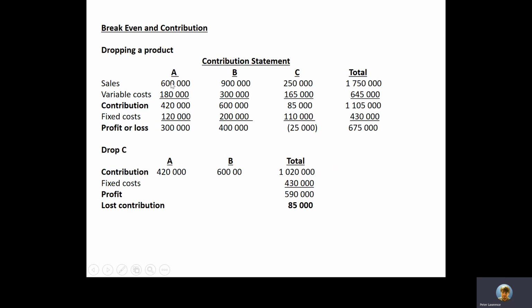So, for example, if A was a hat, B was gloves, and C was a scarf, and the scarf made you a loss, you might still need to make it, otherwise you might not be able to sell the hat and the gloves. So there are things to think about as well as profit. However, in this example, we can see that profit is higher even though we're making this loss-making product.